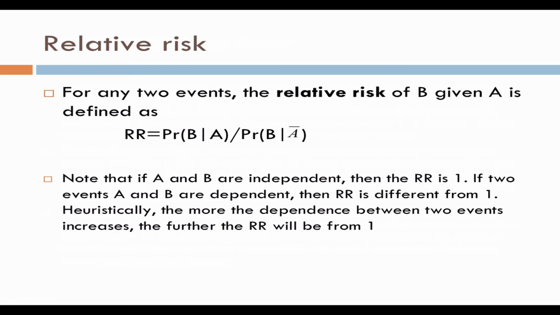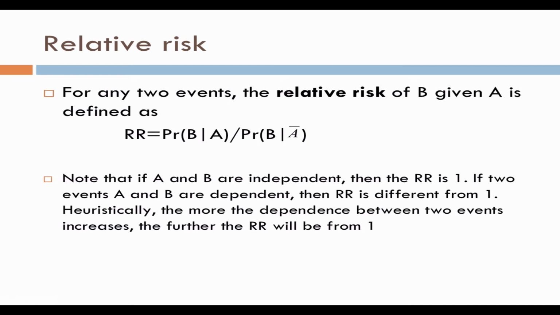If you think about it, if A and B are independent, which means knowing A doesn't give any information about B, then the numerator is the probability of B, and the denominator is the probability of B as well. Right? So if A and B are independent, the relative risk should be 1.